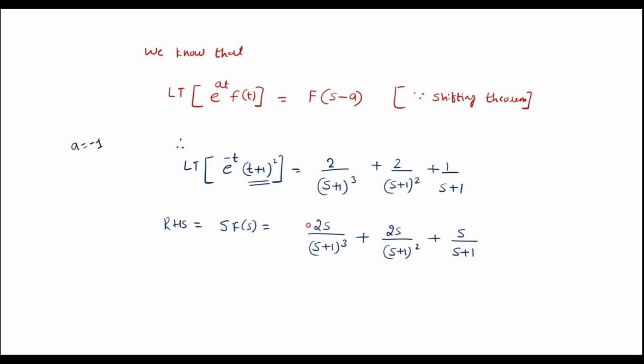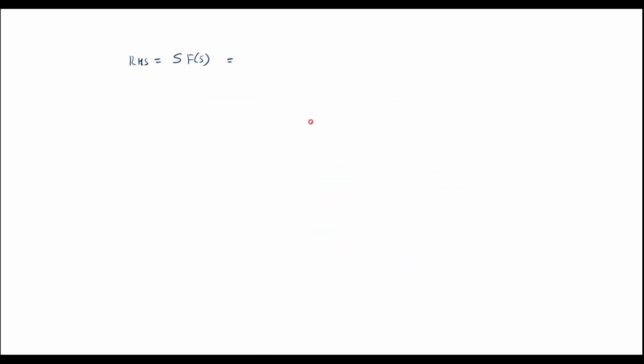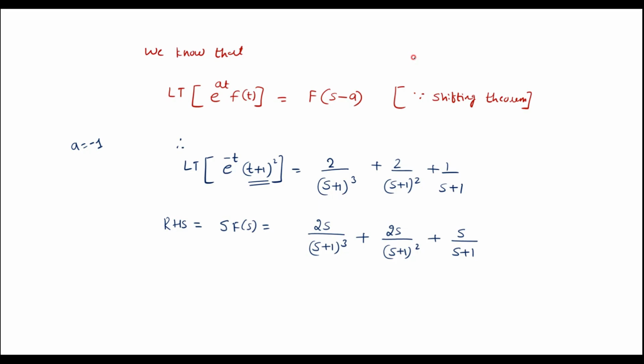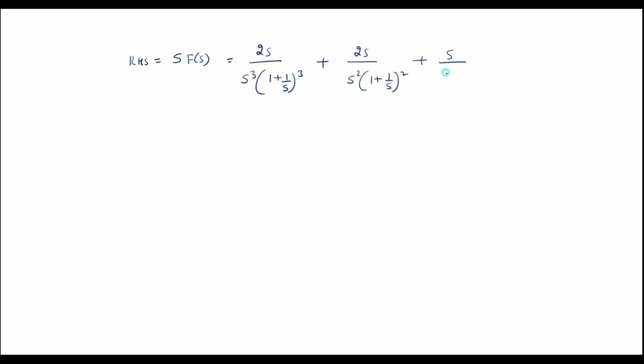Or I can rewrite this expression as 2s divided by s cube into 1 plus 1 over s cube plus 2s divided by s square into 1 plus 1 by s square plus s divided by s into 1 plus 1 by s. This is same as the previous expression.